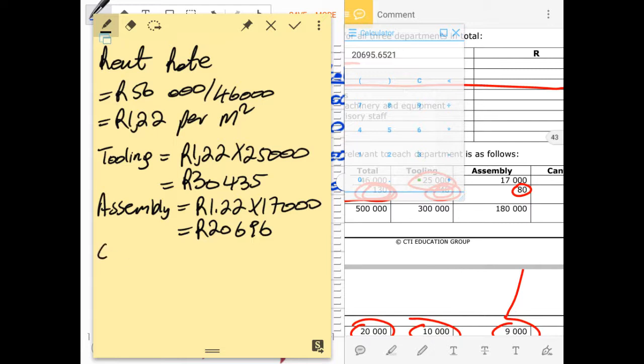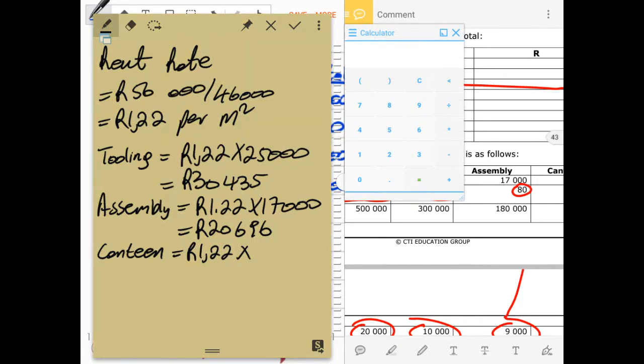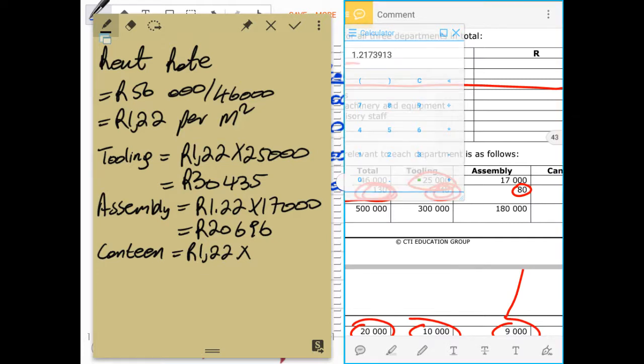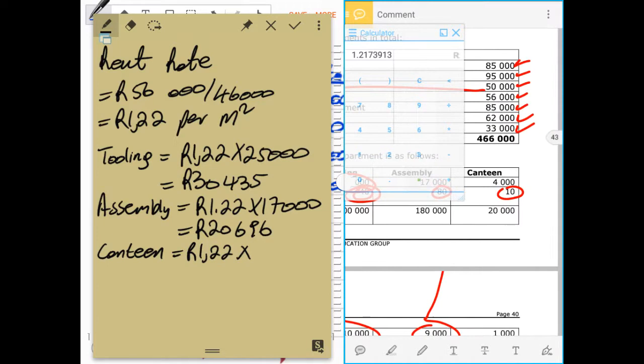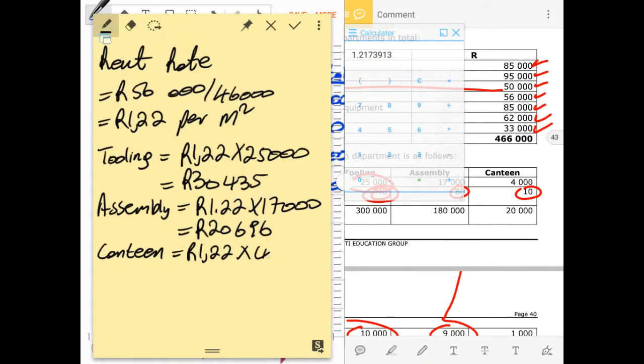20,696. And the canteen department will be allocated the same 1.22 times. Please make sure, guys, that you take all the decimals, hence I always restart my calculations: 56,000 divided by 46,000, because I want to take all the decimals. Then we multiply by 4,000.